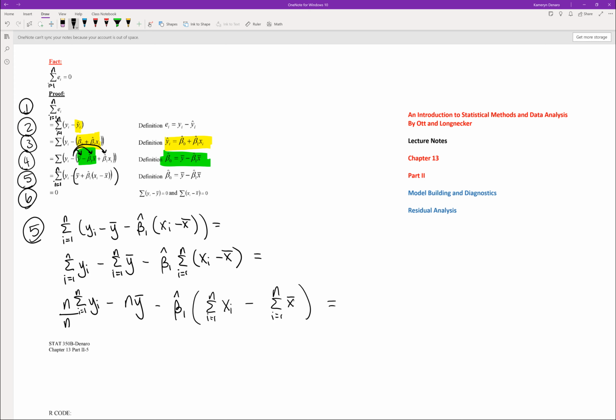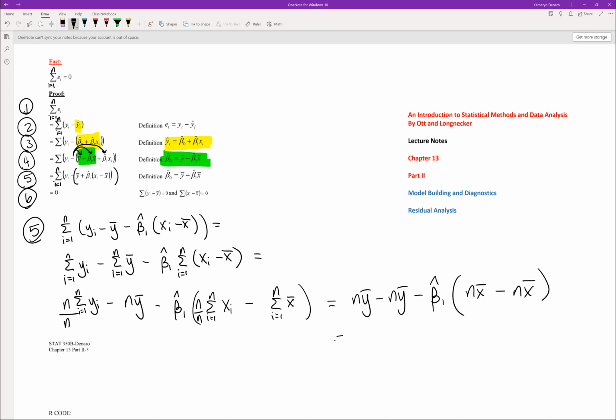And here I get n y bar minus n y bar minus beta 1 hat times, over here, I'm going to multiply by n over n again. So I get n x bar minus n x bar.